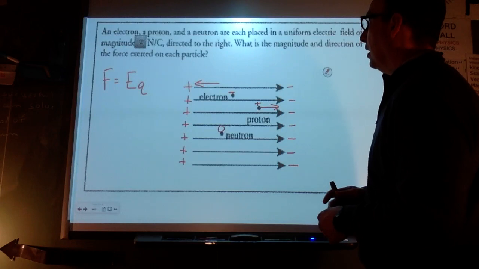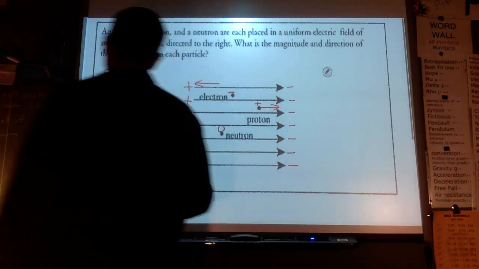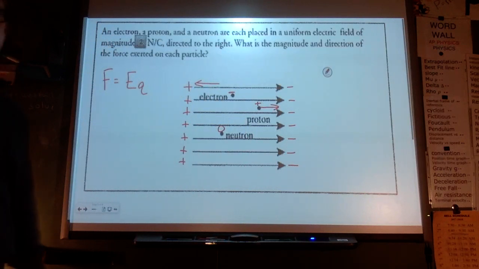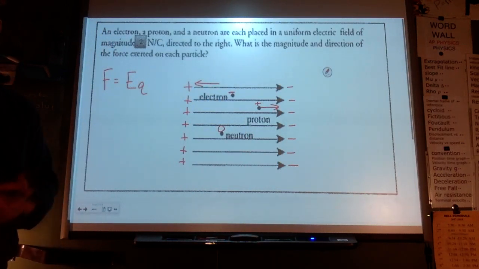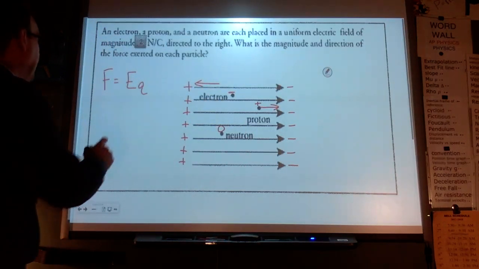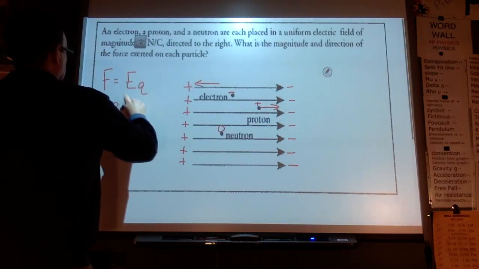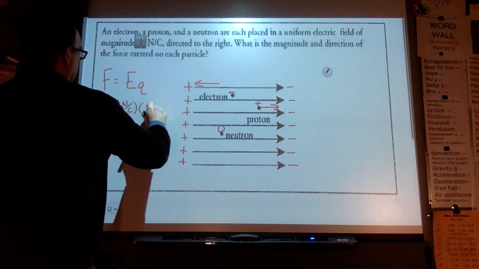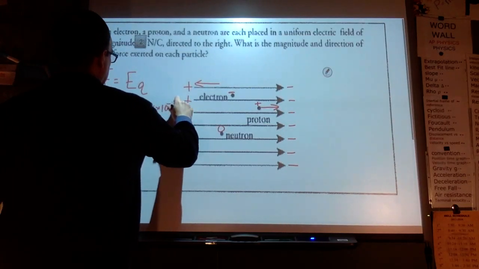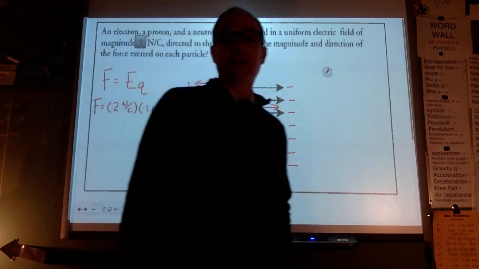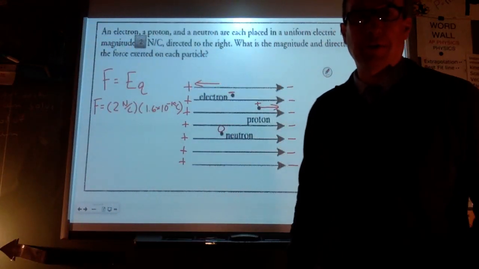All right, so our force for both of these is going to be the same because they have the same charge magnitude and the same field. So this is going to be 2 newtons per coulomb times 1.6 times 10 to the negative 19. Again, I'm not putting the sign in. The sign's just telling me the direction, and I already determined that.